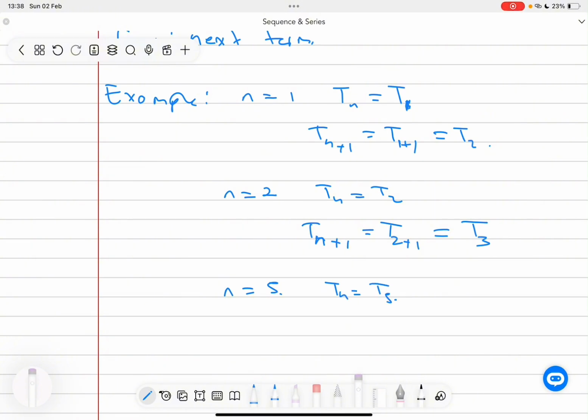That means we are dealing with term 5. But looking at it from Tn plus 1, we're going to have 5 plus 1, and this will give us T6. Again, T5 is the 5th position and T6 the 6th position. T5 comes before T6, so T5 would be the previous term and this will be the next term after T5.